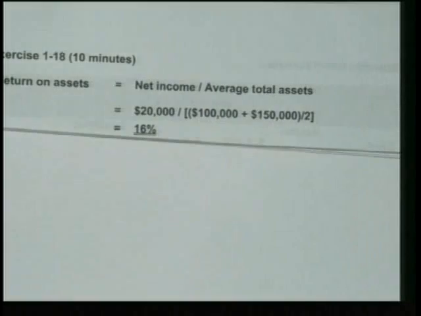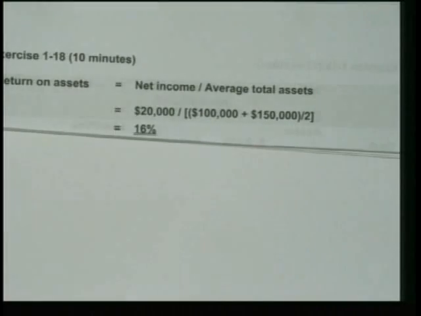Now, these ratios don't mean anything in themselves. We have to compare it to something. It's like, do you ever go to the doctor and they give you a score, like a cholesterol score? Your cholesterol score is 74. Okay, is that good or is that bad, right? We don't know. The number itself, we don't know, okay?